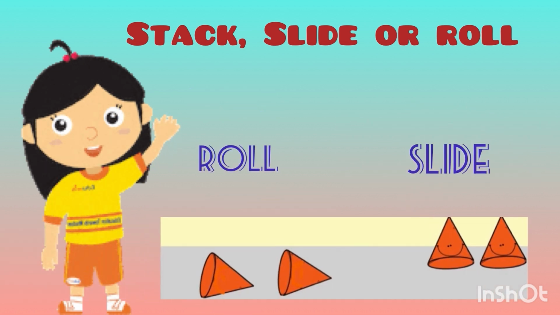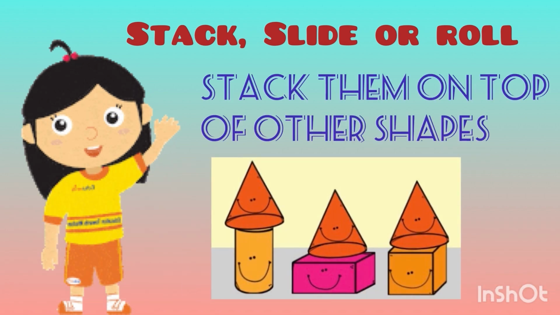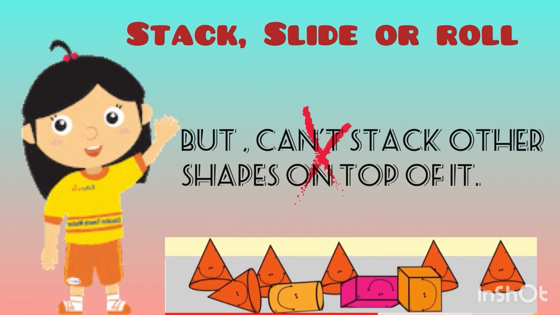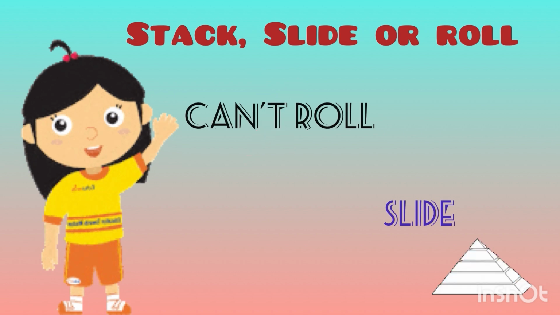Now comes cone. They can roll and slide. You can stack them on top of other shapes but can't stack other shapes on top of it because of their pointed top. Next comes prism. It can slide but can't roll.